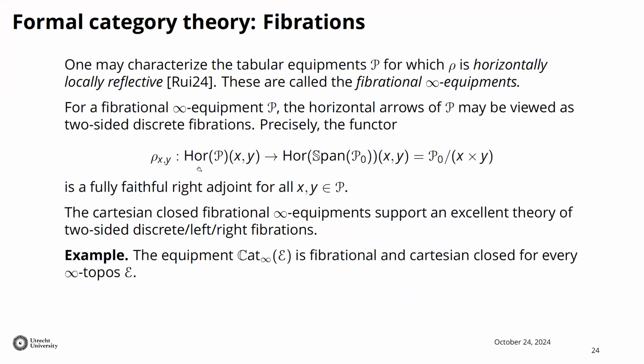So you have the span representation, in the case that P is Cat infinity. The domain would be profunctors, and the target would be spans. But the essential image of this functor really selects the two-sided discrete fibrations. So the span representation is really some form of a Grothendieck construction, I would say.